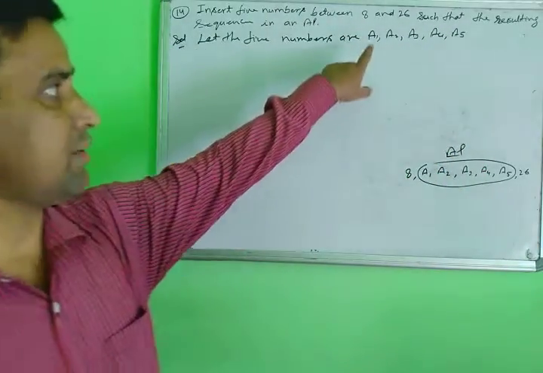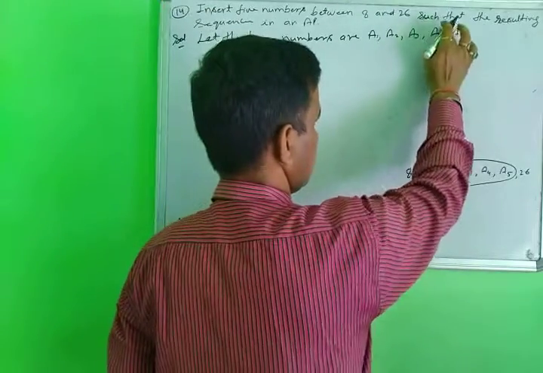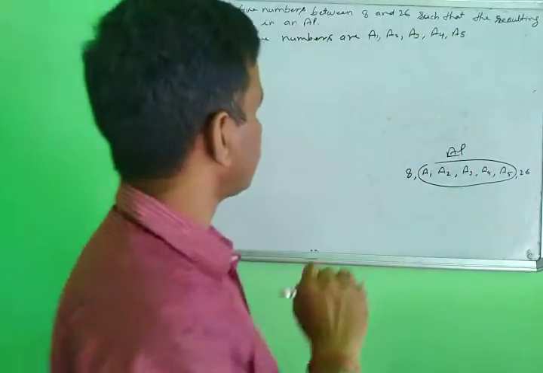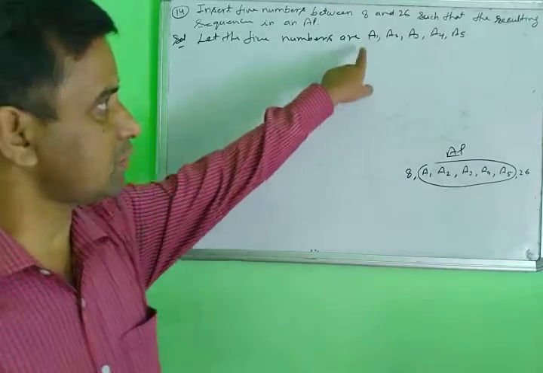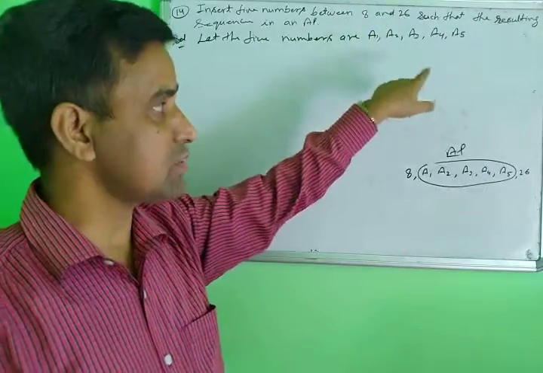I am taking the 5 numbers A1, A2, A3, A4 and A5. After that, this sequence between these numbers will be in AP.